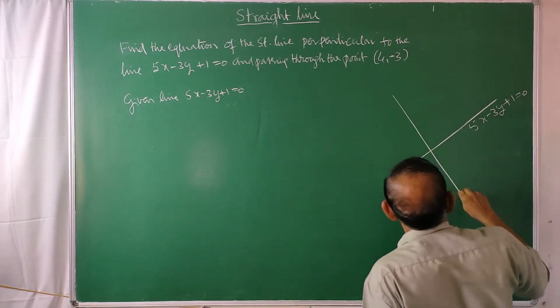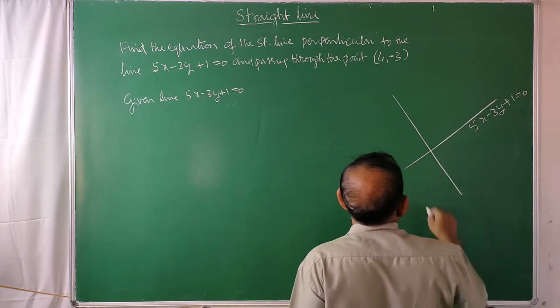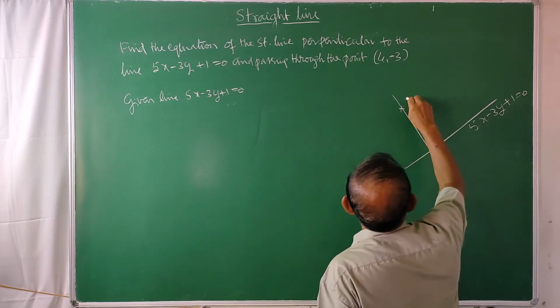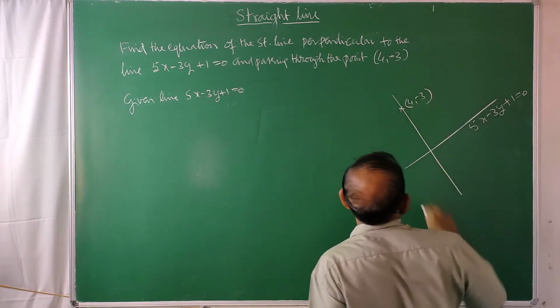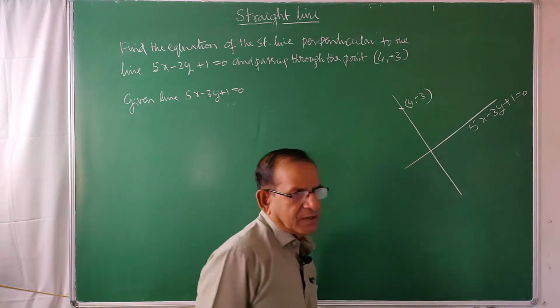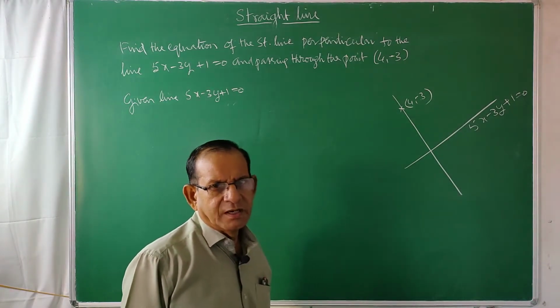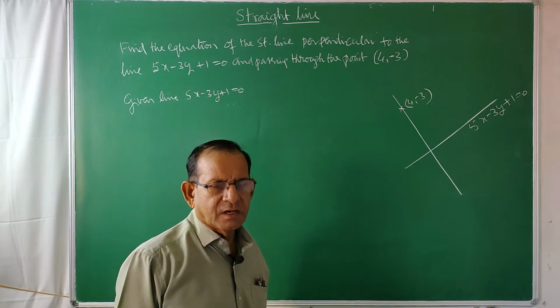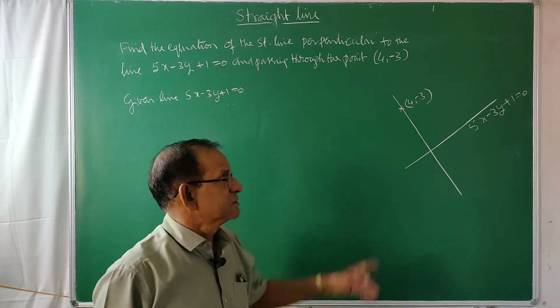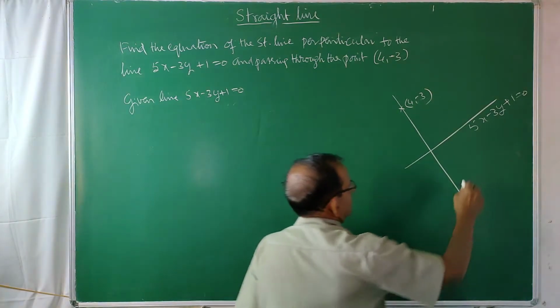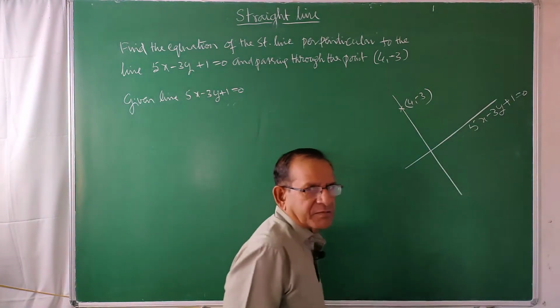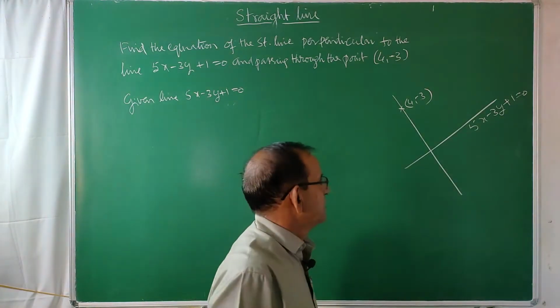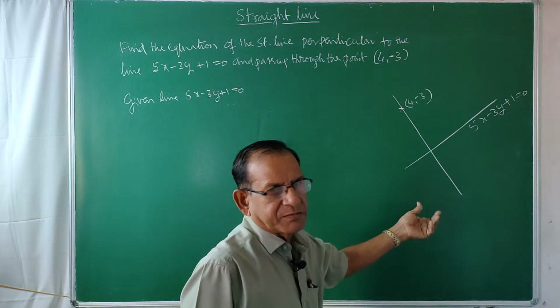We have to find out a perpendicular line to that one, and it is passing through the point 4 comma minus 3. For a perpendicular line, slope must be reciprocal with opposite sign of the slope of the given line. Here the slope of this line is plus 5 by 3, minus of a by b is the slope. So for this it should be minus b by a.